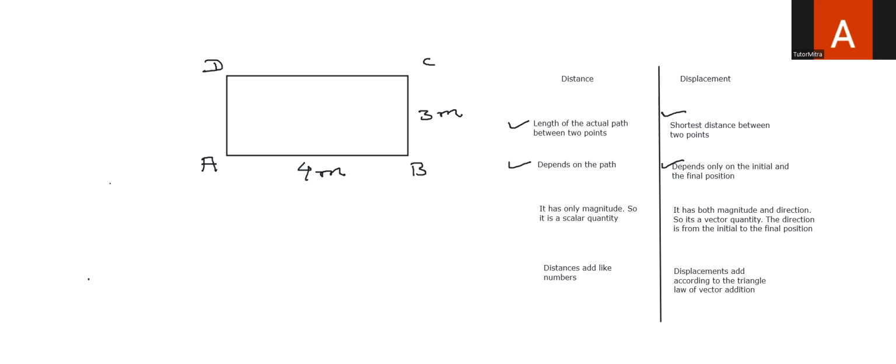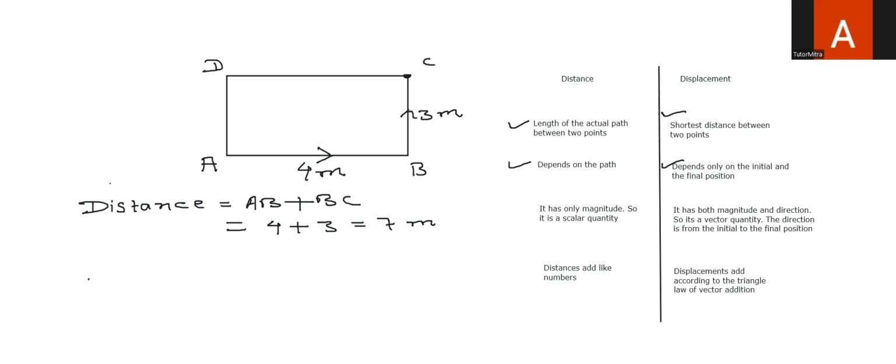Suppose the particle starts from A, moves to B, and then moves to point C. What is the distance and what is the displacement? Distance is clearly the length of the actual path. That will be AB plus BC, or 4 plus 3, that is 7 meter.